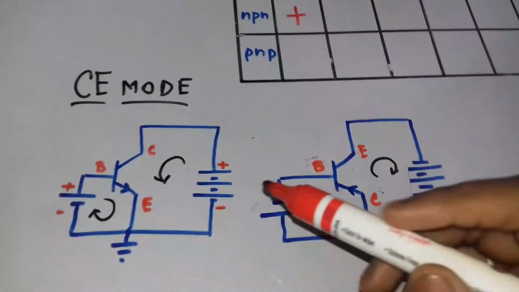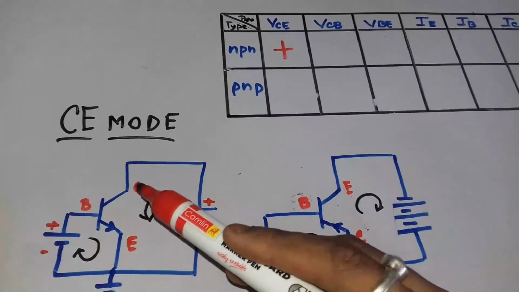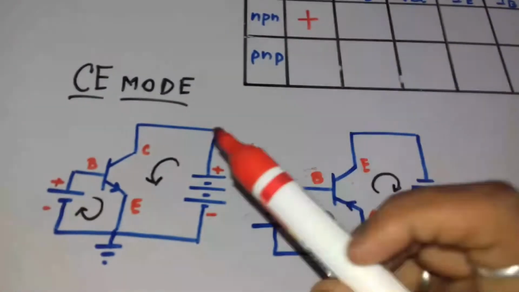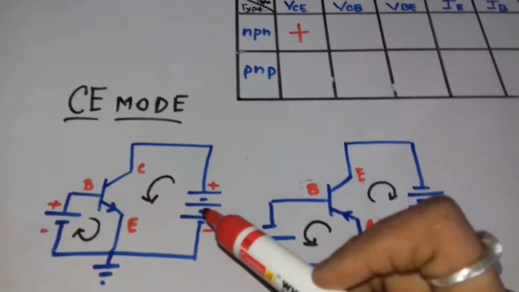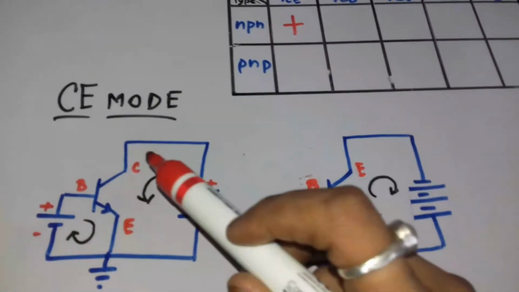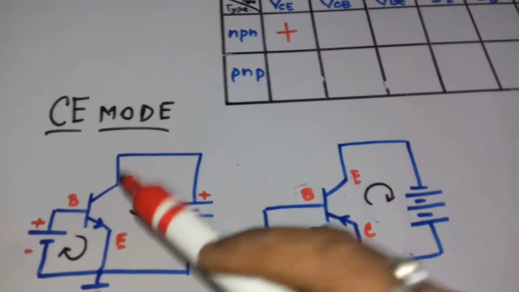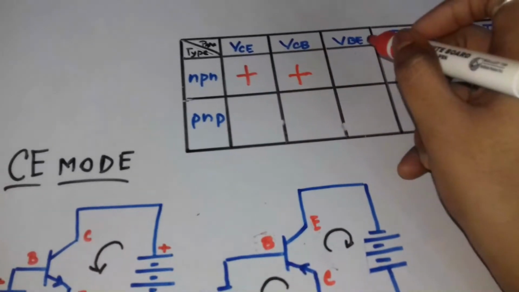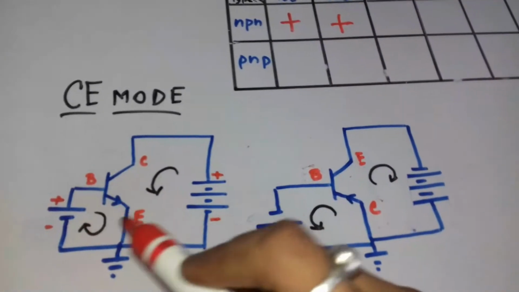In VCB, that is here, the source voltage is greater here than this, so the potential at C is greater than that of B. So it is also plus. Now VBE, plus here and minus here, so it is also positive.